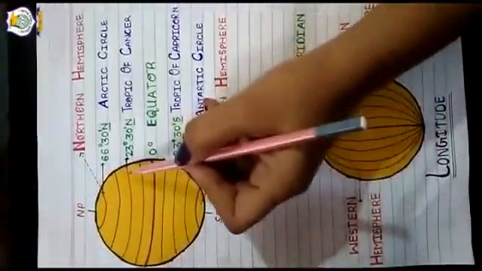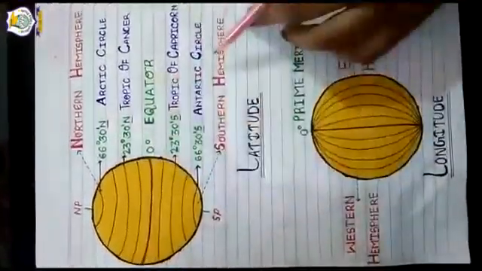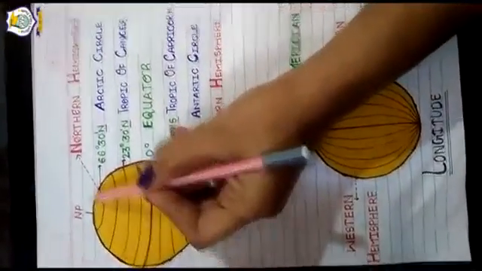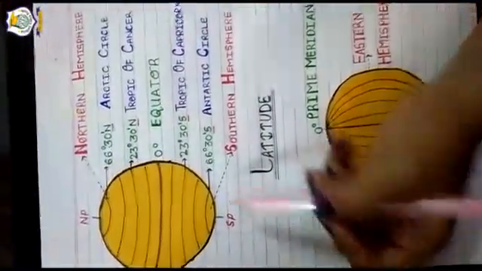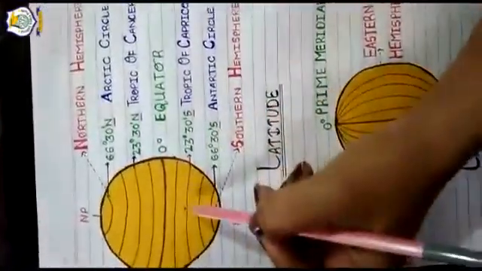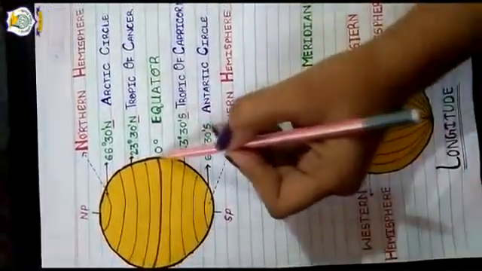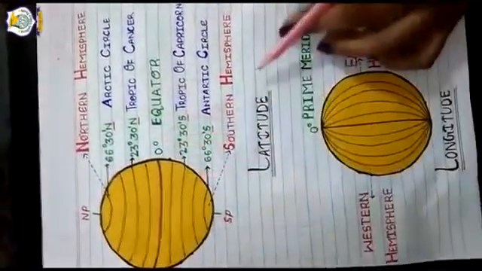There are two poles, the north extreme called the North Pole and the south extreme called the South Pole. So we have a reference line for north and south direction. It is considered to be 0 degree latitude. So this is a starting point.